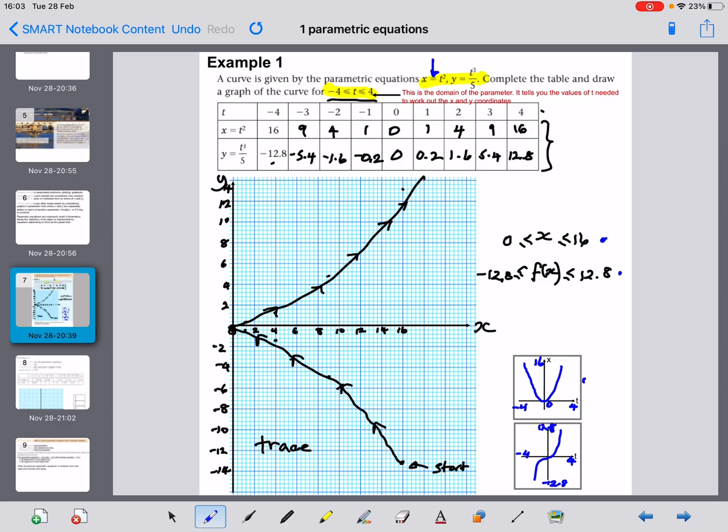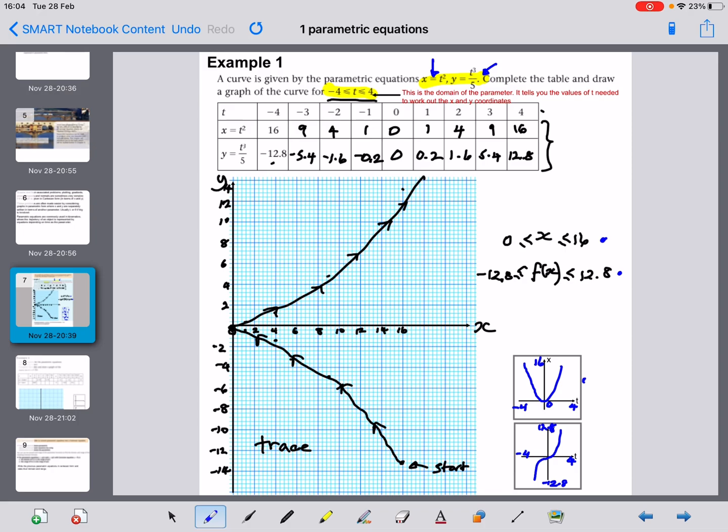So this here is the range of the y parametric equation. So we can work out the domain of the actual graph by considering the range of the x parametric equation. And if we want to know the range of the actual graph, then we need to consider the range of the y parametric equation.